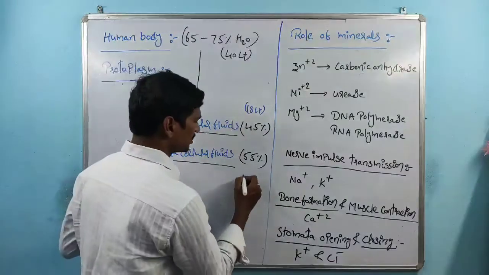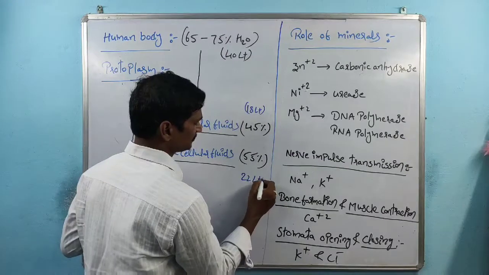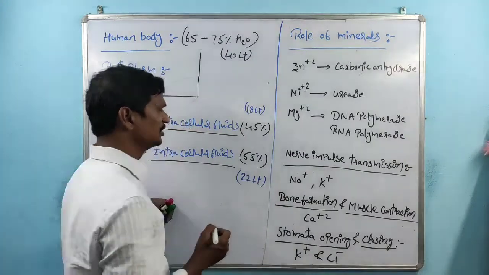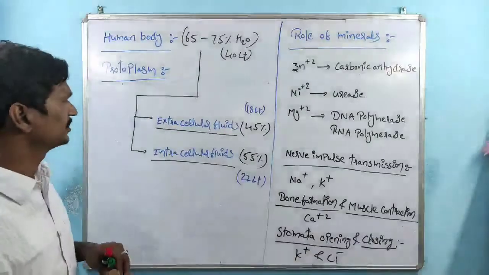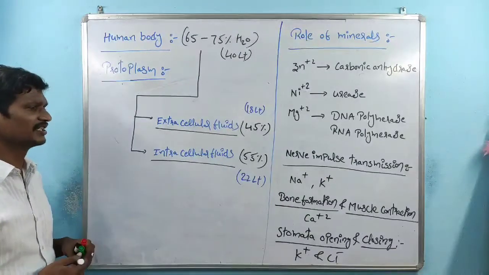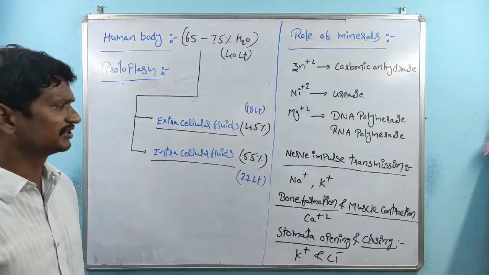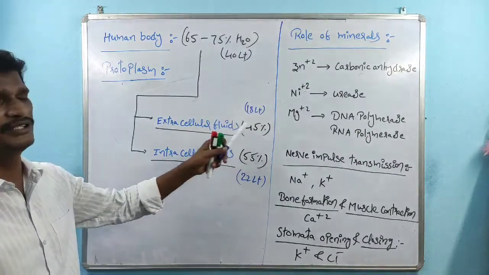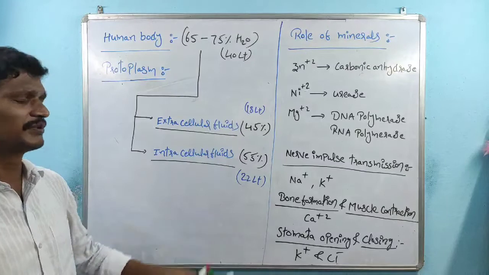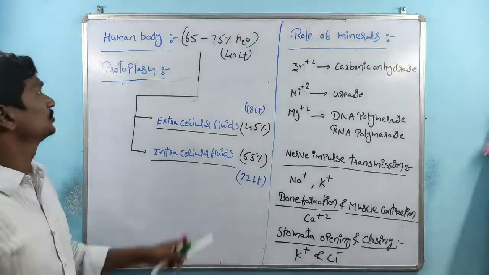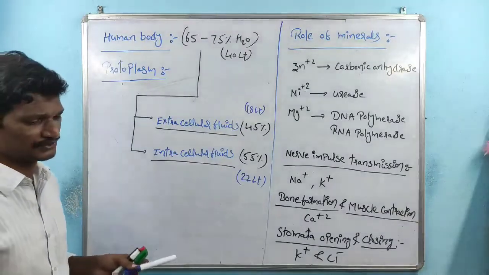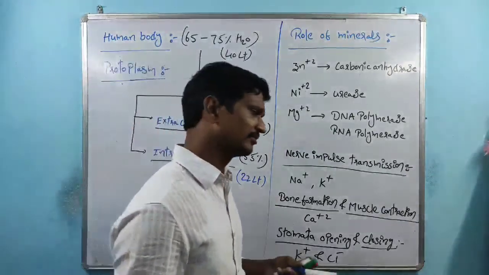So the intracellular fluids are 22 liters. So 45% is 18 liters and 55% is 22 liters. That is about the human body and the percentage of water levels.